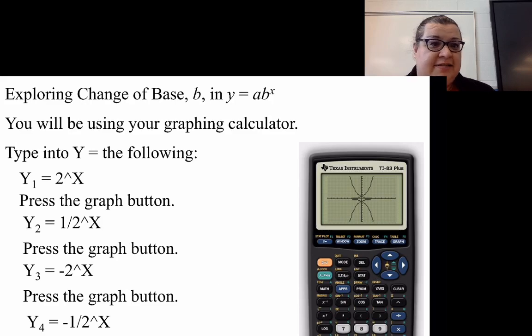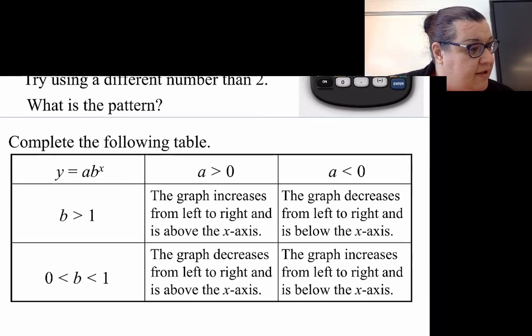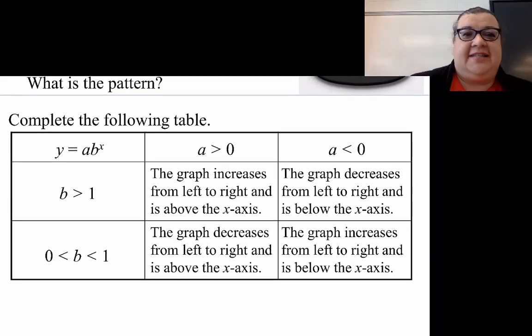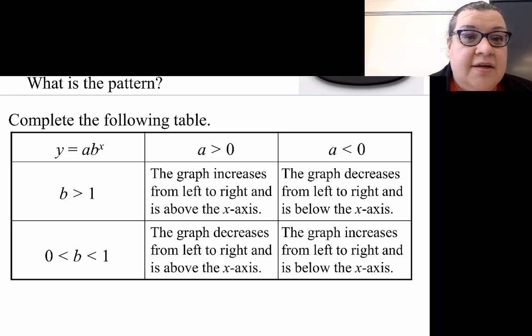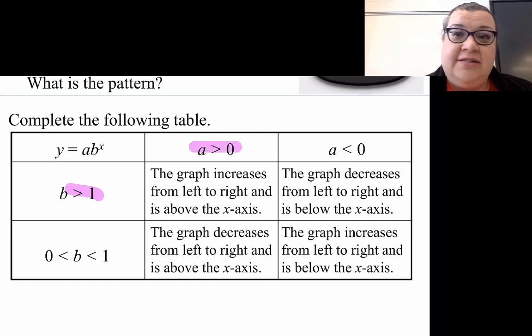Okay, so let's do a summary then of what that all means. Here I've actually just included this one, but let's walk through it together. What does this mean? When b is greater than 1, so the base of the exponent is greater than 1, and a is greater than 0, meaning it's a positive number, you are going to get a graph that increases from left to right and is above the x-axis.